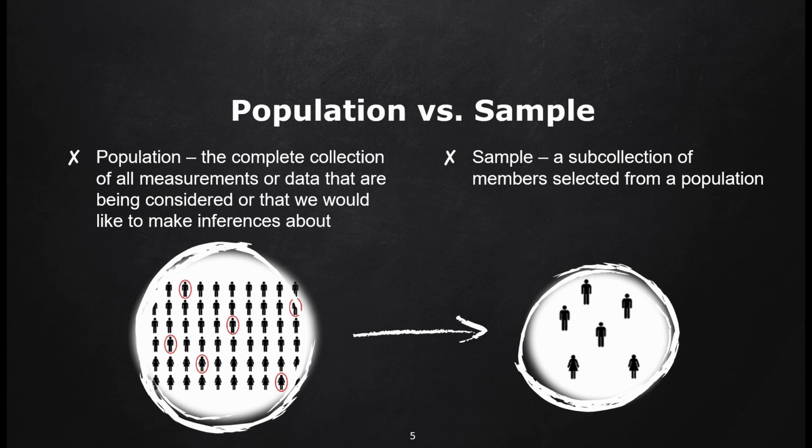Let's say we're interested in all the stars in the observable universe and we want to find the average brightness of them. There are so many stars in the observable universe, there's no possible way we'll be able to count them all and measure them and include them in our research. It would be way too expensive, it would take so much time. So, then how can we even think about knowing what the average brightness of stars is?